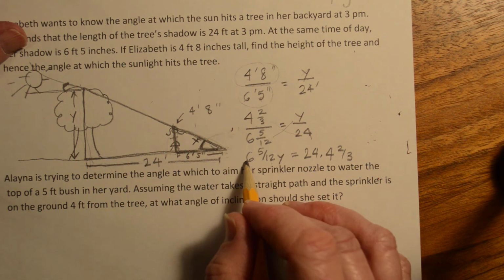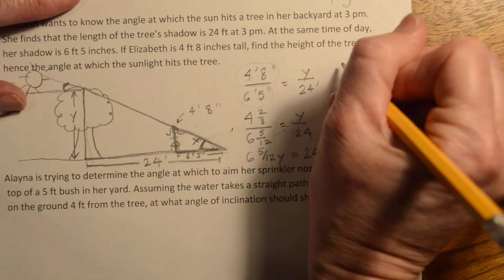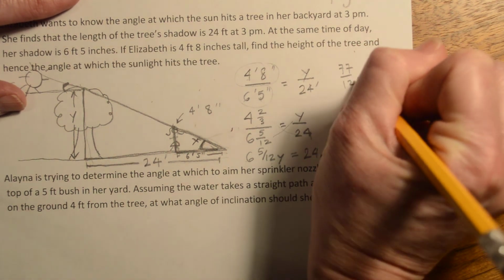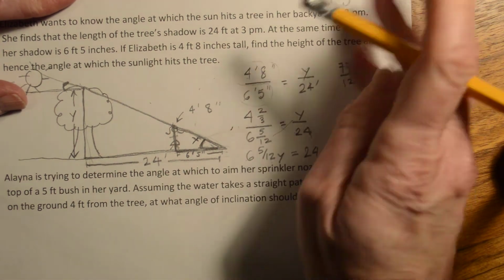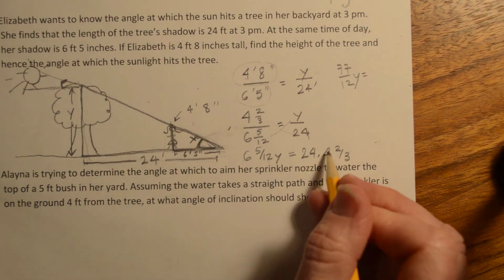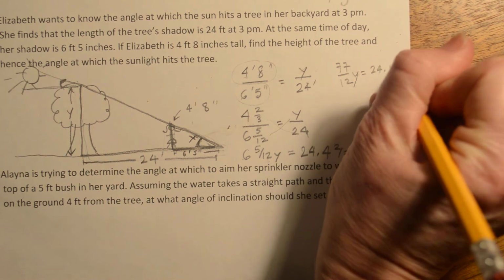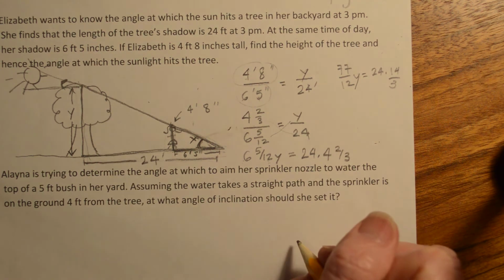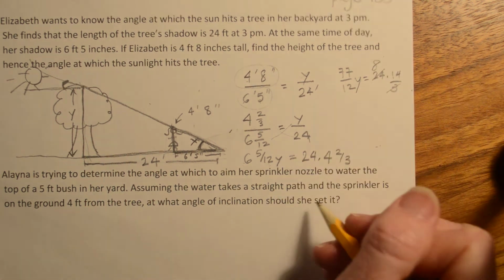6 times 12 is 72 plus 5 is 77. So this is going to be 77/12 y equals, and then I'm going to change this into 14/3 times 24. Right, if we do that, the thirds here will cancel.